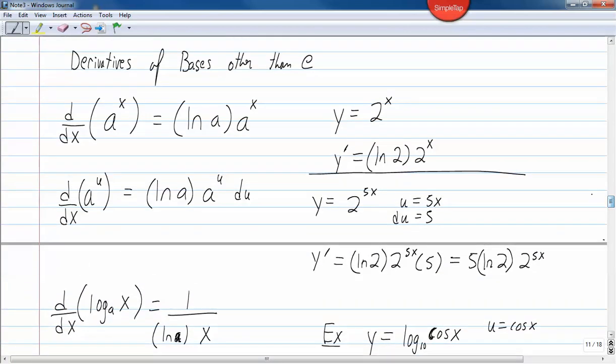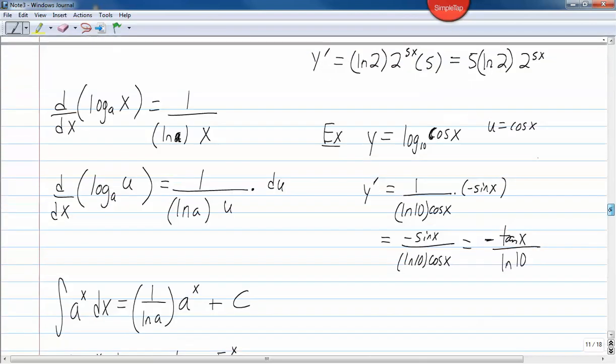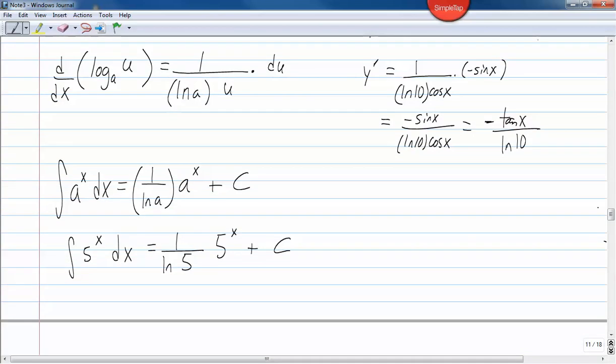Let's see. When we took the derivative of 2 to the x, we got natural log of 2 times 2 to the x. The integral, you get 1 over natural log of 5, so that's like that reciprocal times 5 to the x plus c.